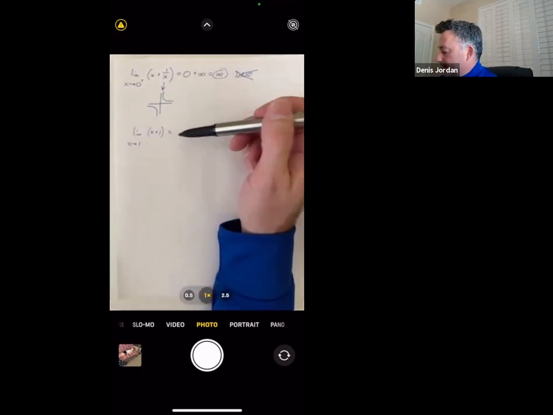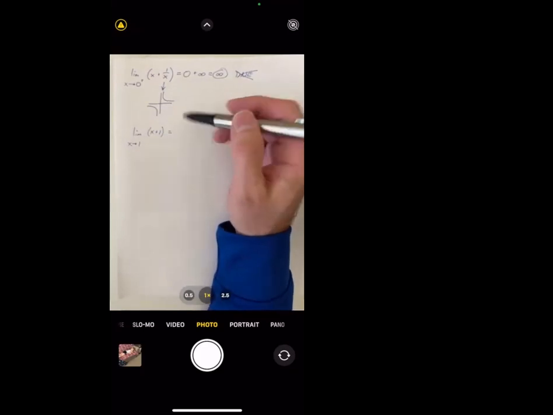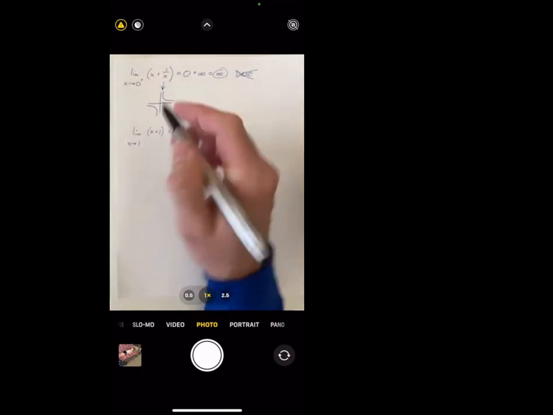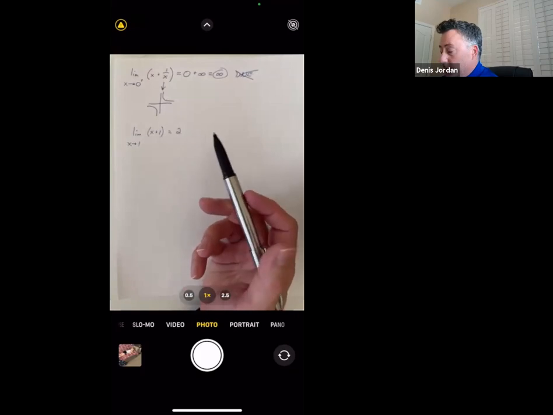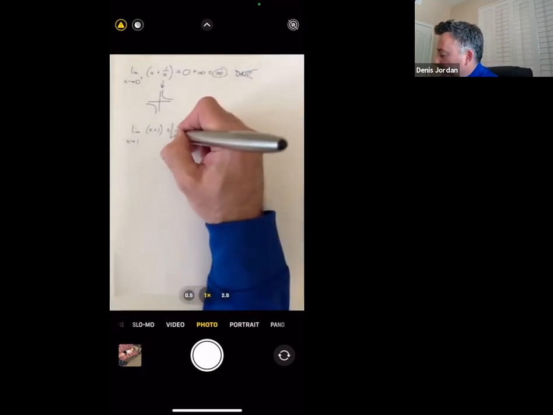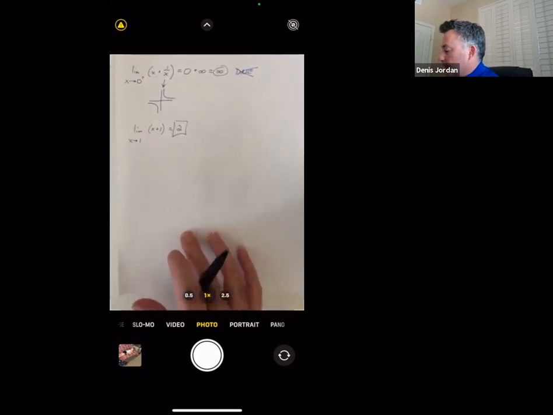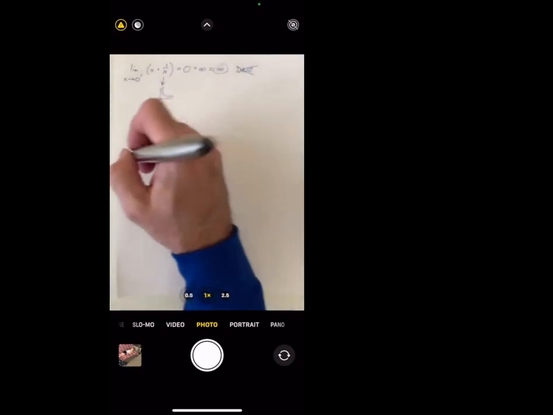What's the answer to this? 2, right? For this type of problem, it's pretty easy, and you can do it in your head. That would be all the work you would really have to do. Right, which is none.